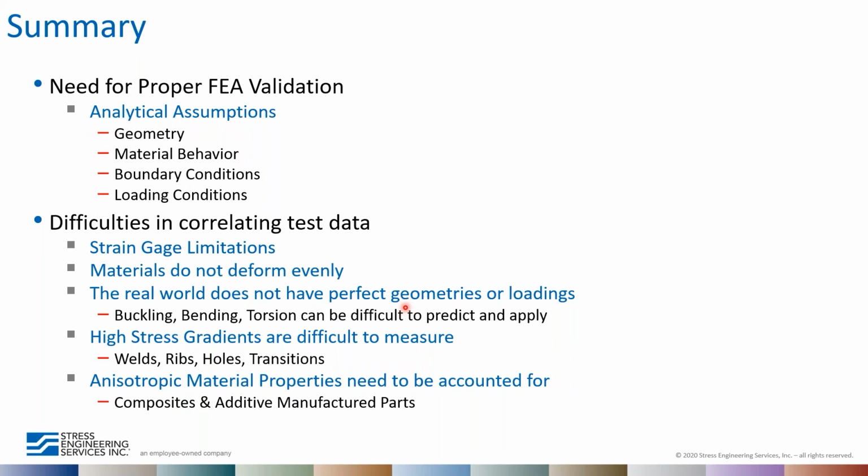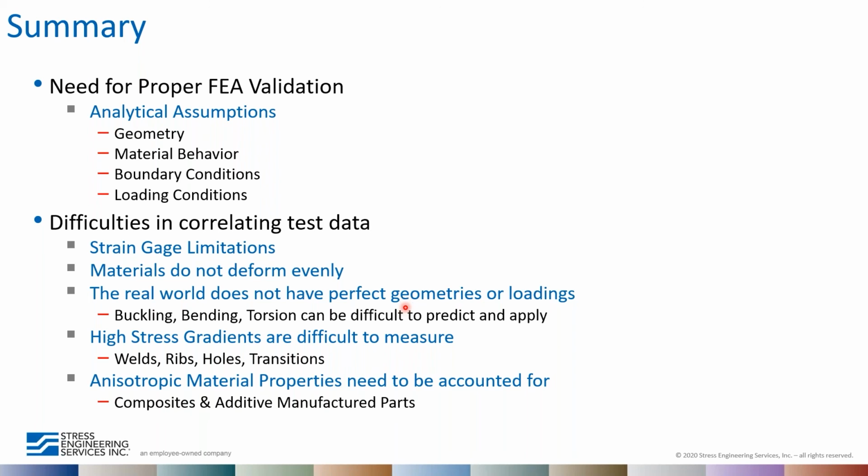So kind of moving on to a summary here, we talked about that there is a need for proper finite element analysis validation because there is a number of analytical assumptions that go into those models, in particular geometry, which may or may not be correct or representative of the actual real world geometry. We saw that example in the welding coupon.